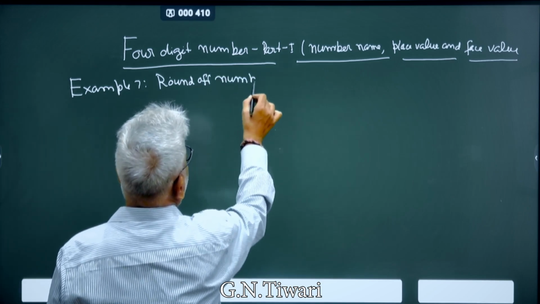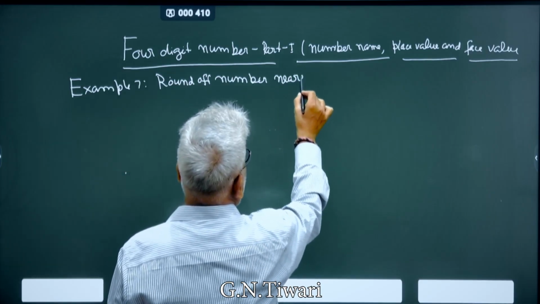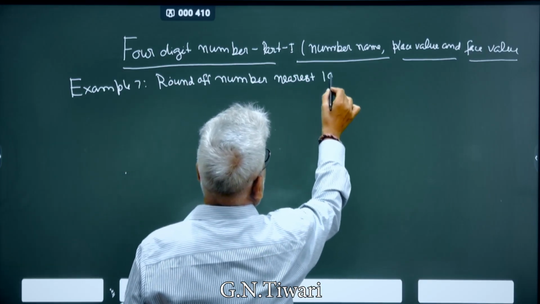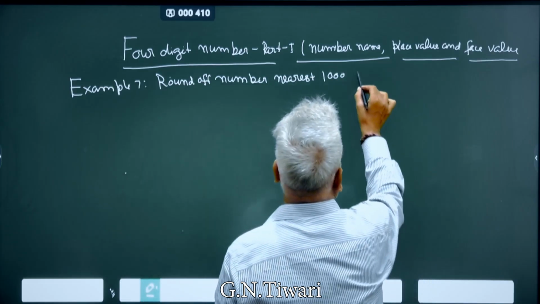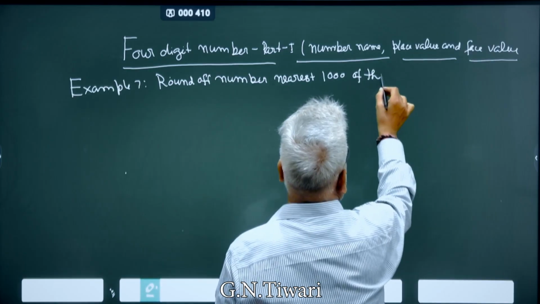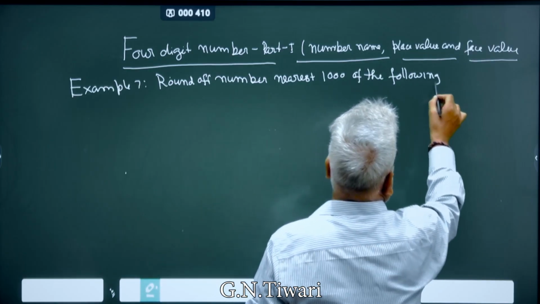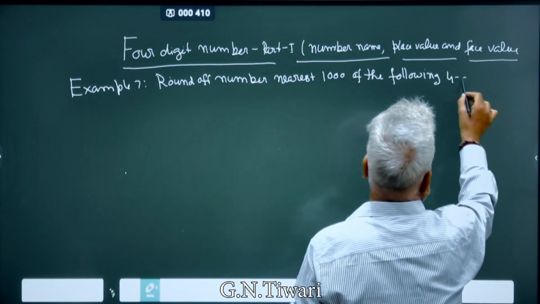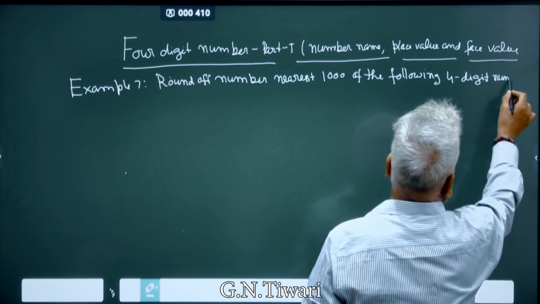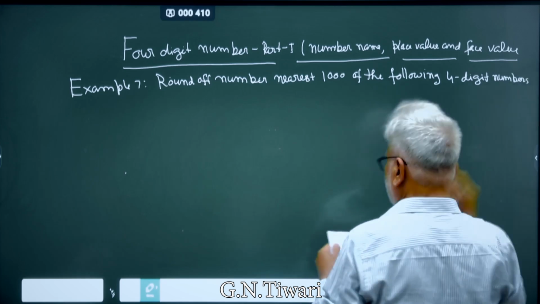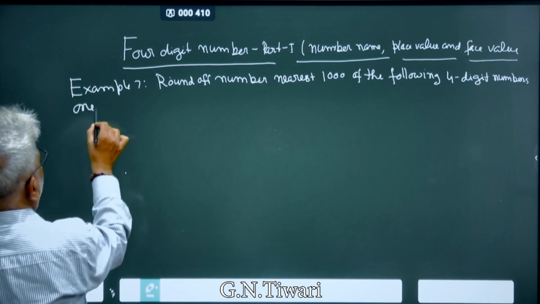Number nearest to 1,000 are the following 4-digit numbers. And one is done for you.